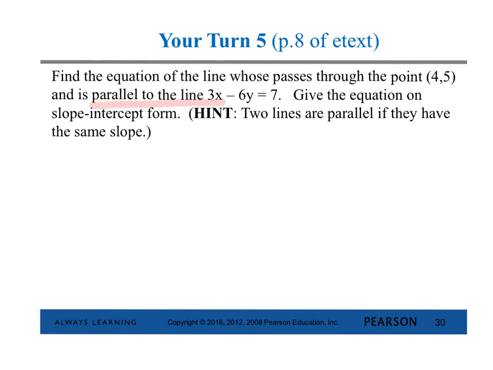The fact that it's parallel means it has the same slope. So your first step here is going to be to find the slope of this equation. And then use that slope with the point 4, 5 to find your equation. And again, if you have questions, I'll be glad to answer those in class.